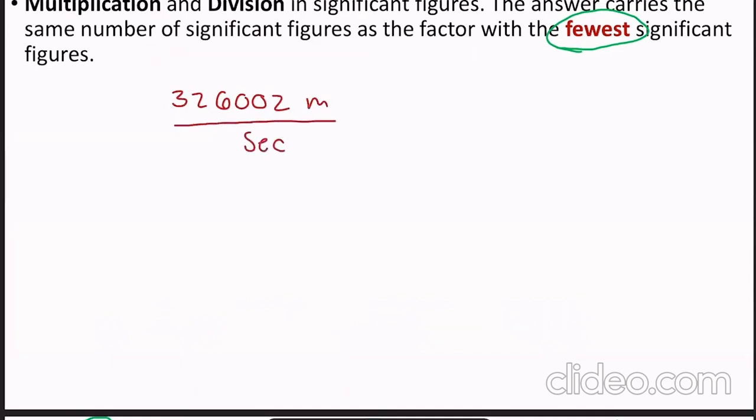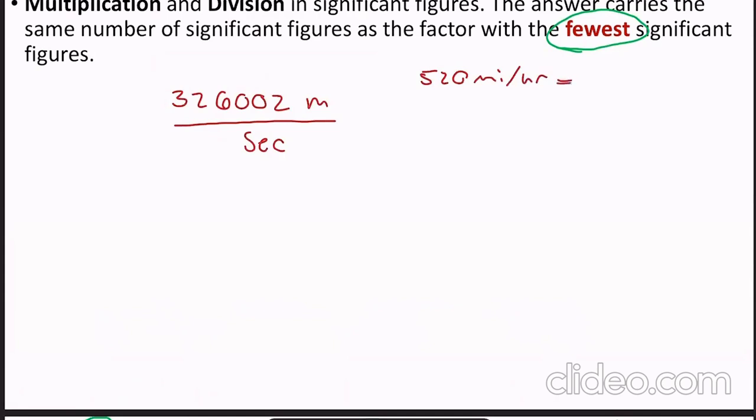For those of you that see this in your textbooks, I don't ever use this slash mark. Please try not to use this, because your calculations are going to come out awkward.